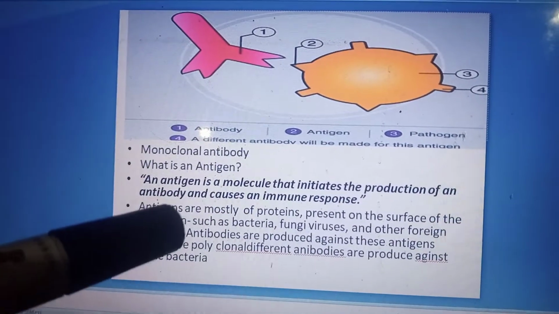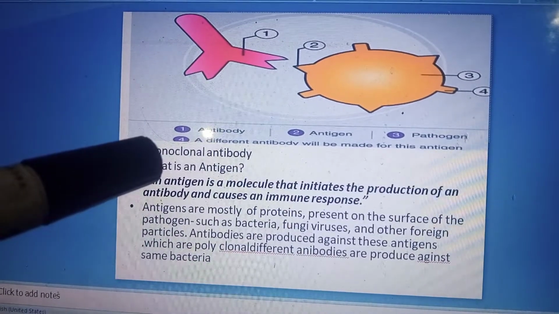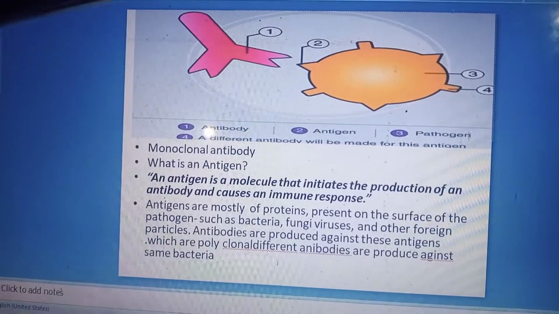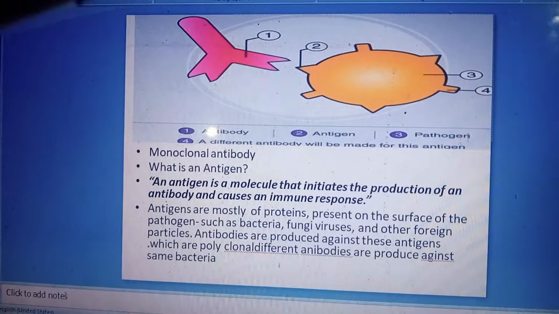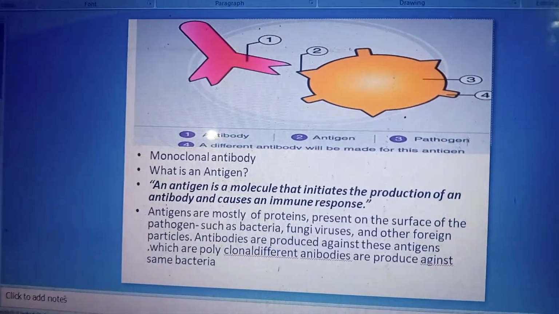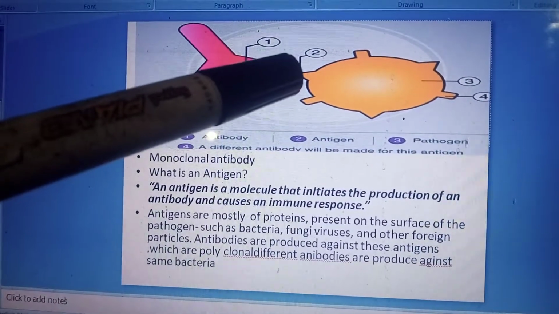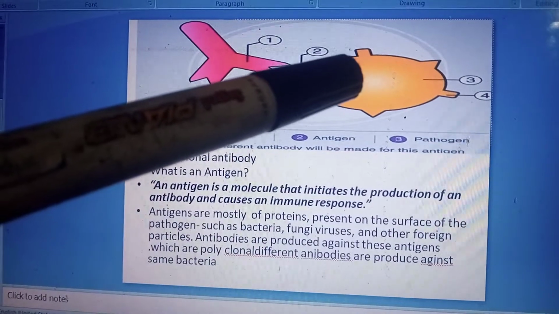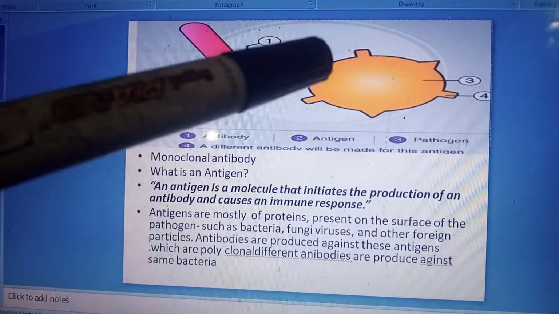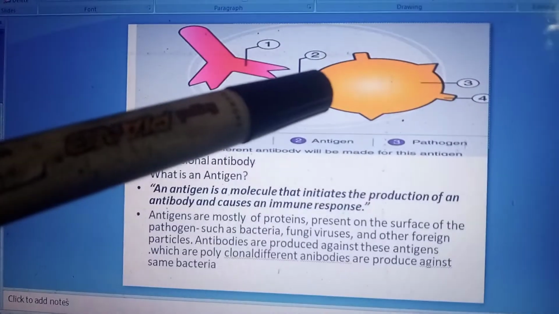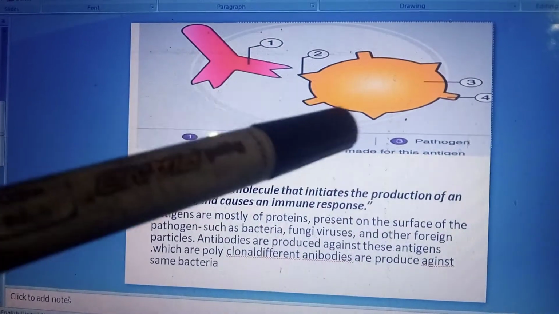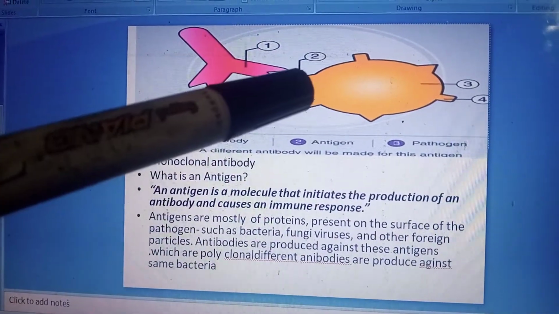I want to give you an example. Suppose this is a bacteria and this bacteria has different antigens. This is antigen number 2, antigen 3 and antigen 4. Against each antigen, a different type of antibody is produced by the body.